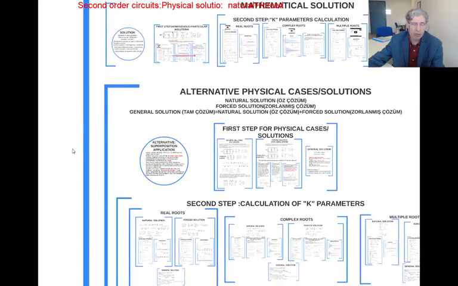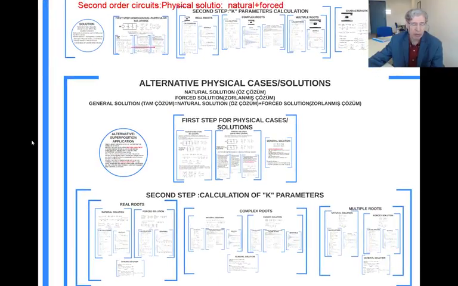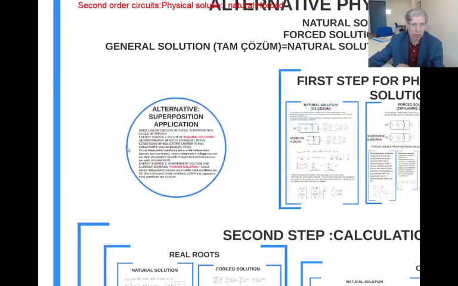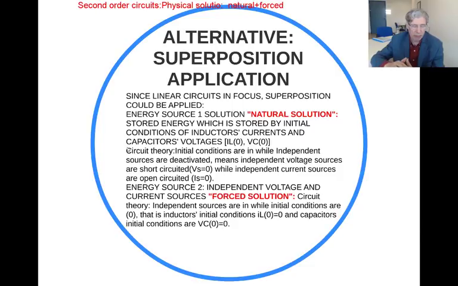We are going to use the superposition theorem in the physical world and say that in our circuit we've got 2 independent sources, 2 energy sources. One of them is the independent source, the other one is the energy stored in the inductor currents and capacitor voltages.